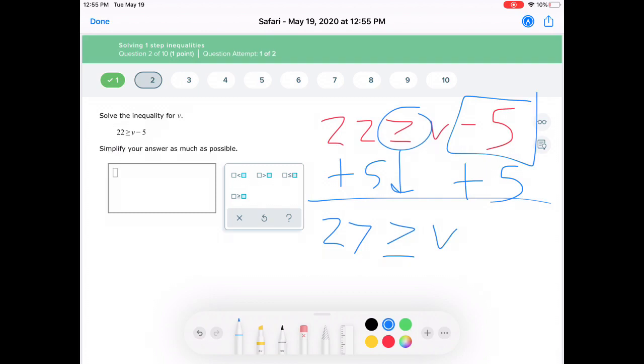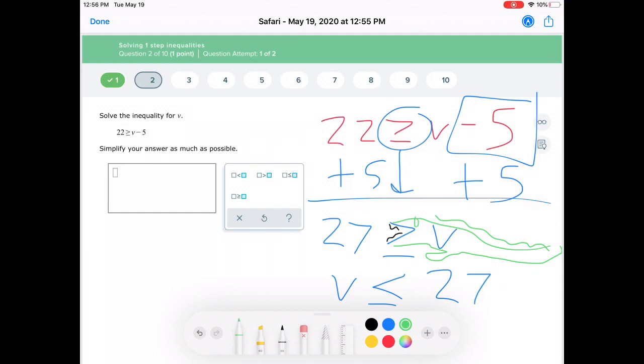All right. In the last problem, we switched it around. So we put the variable first, and now 27 is larger, so the alligator is kind of eating the 27. I'll put little teeth on here. See if we can make him an alligator. This is a pretty bad alligator here. Get the idea.